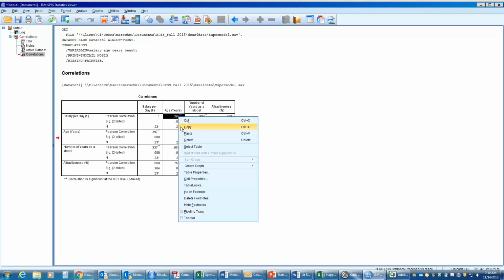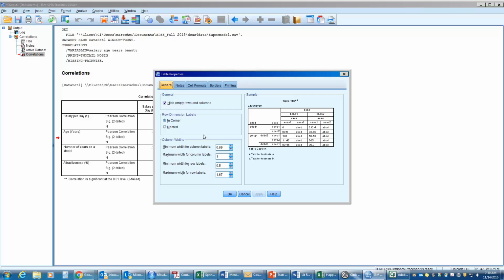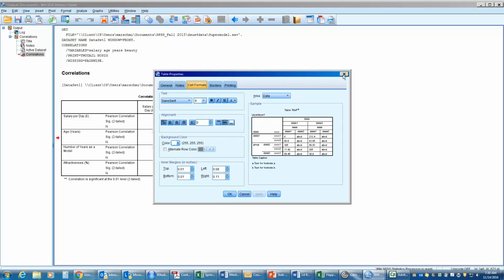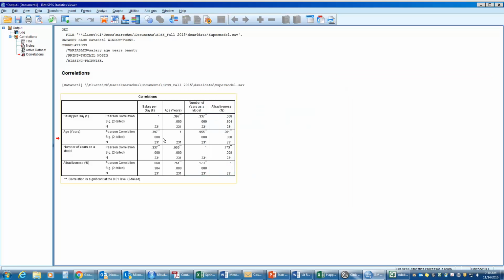actually this is age. 0.39. Number of years as a model, or experience as I refer to it, 0.33.